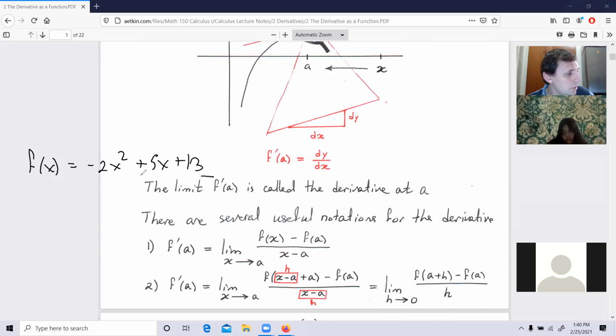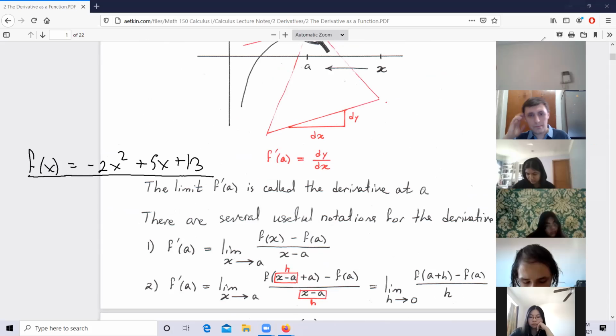This is your function. I want you to compute the derivative using notation 1 and using notation 2 and see if there is any difference in what you are doing. So first do it using notation 1 as we did in the last class.